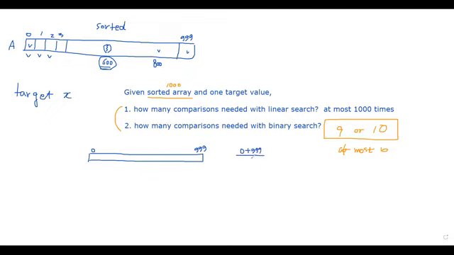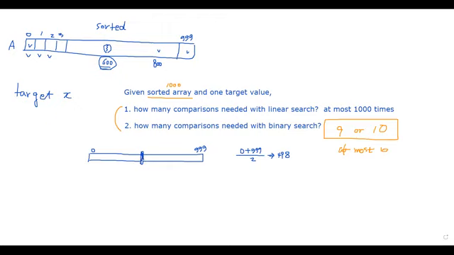It is 499 or 498, something like that. Anyway, this will be the middle index. You compare this middle data with the target value. This is one comparison.